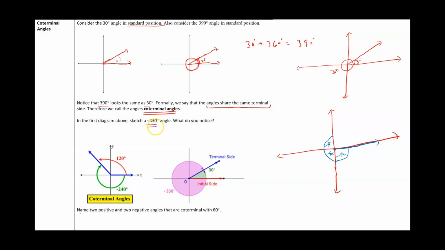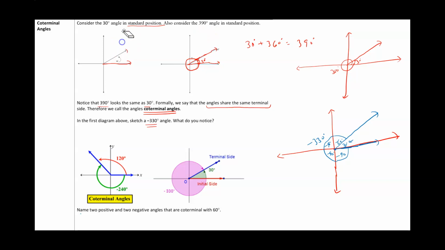Then we've got to say, okay, negative 270 plus what is negative 330? For that, we have to go negative 60 more, and then this will give us an angle that's negative 330 degrees. But if this is 60, then this angle has to be 30 degrees, right? Because 60 and 30 have to add up to 90. So negative 330 is also the same exact angle as 30 degrees, or 390 degrees.